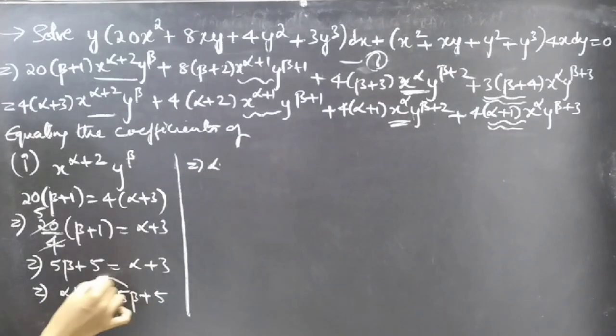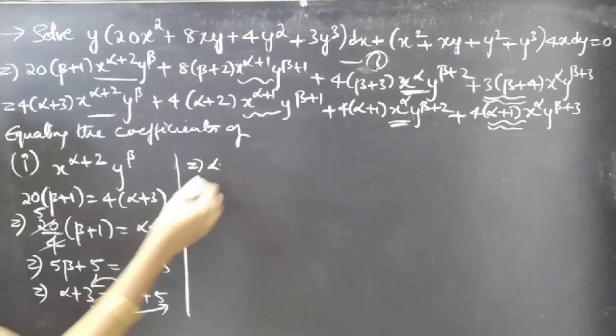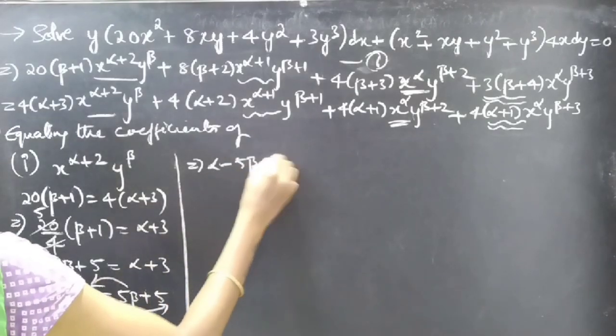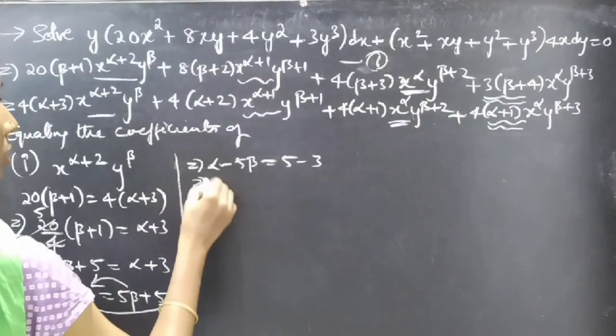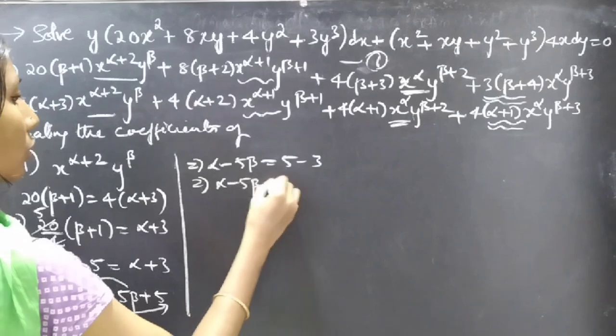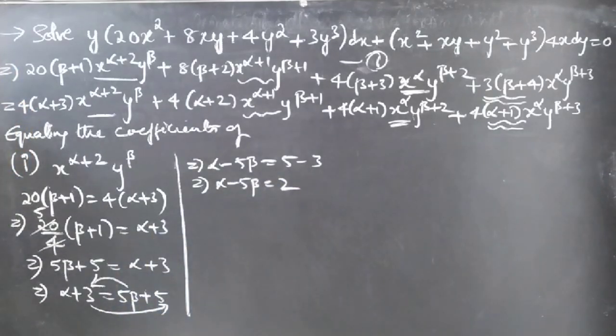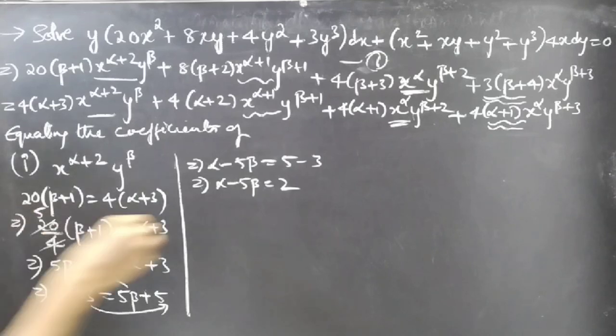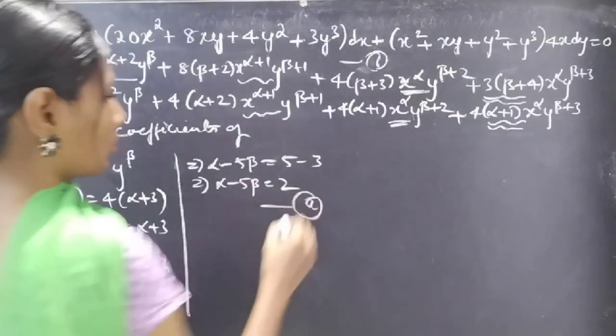Now just take the 5 beta to the LHS and 3 to the RHS. We'll get alpha minus 5 beta equal to 5 minus 3, which gives us alpha minus 5 beta equal to 2. Consider this as equation A. Okay.